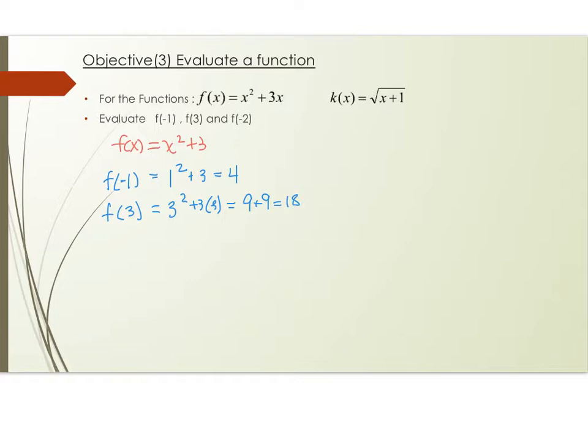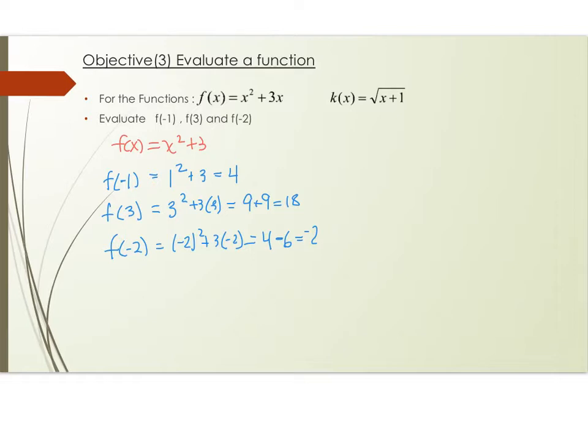And finally, we'll look at f of -2, and here we get -2 squared plus 3 times -2, and this is equal to 4 minus 6, which is equal to -2. So there's our function for f of x equals x squared plus 3x.